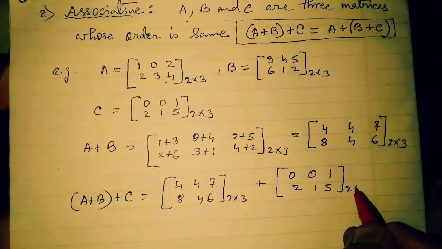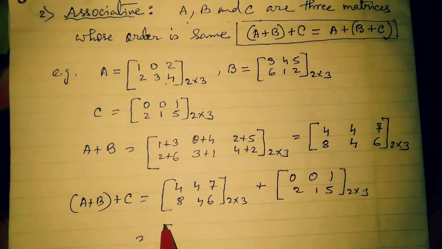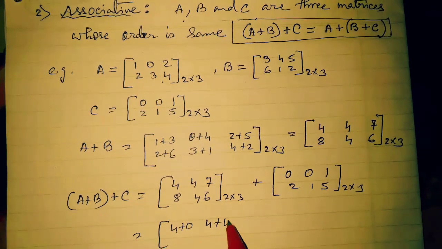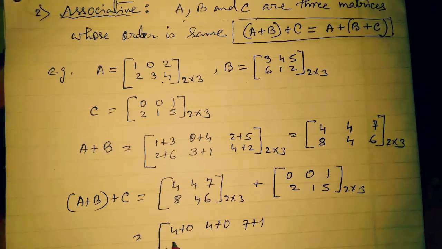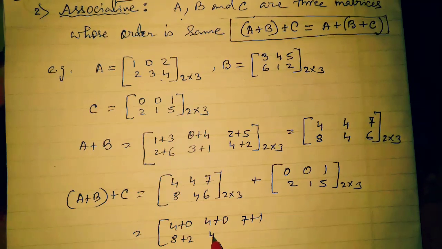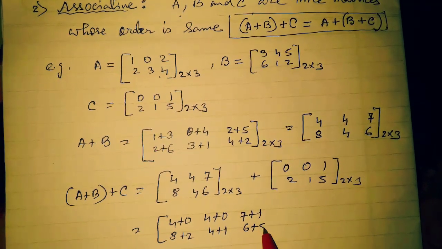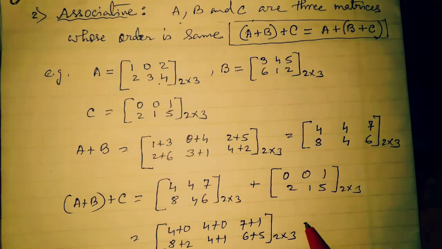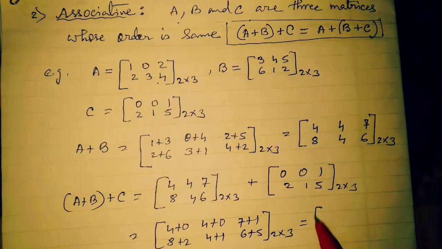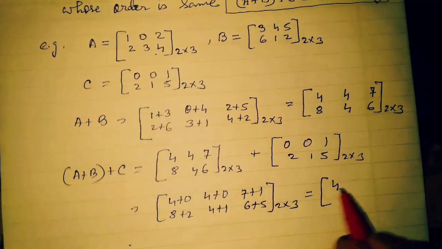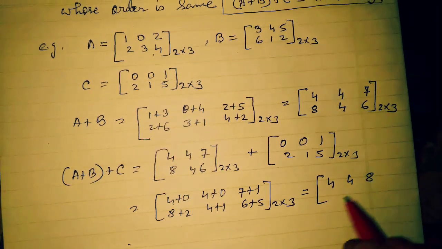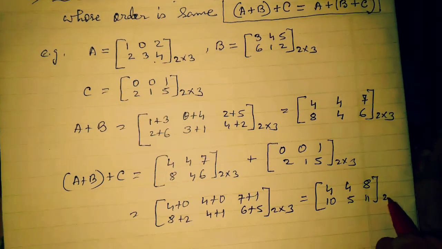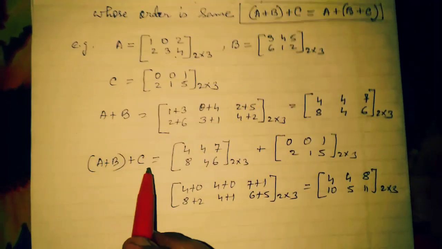So we get 4 plus 0, 4 plus 0, 7 plus 1, 8 plus 2, 4 plus 1 and 6 plus 5. This is 2 into 3. Finally we get 4, 4, 8, 10, 5 and 11. This is the resultant value, A plus B plus C.